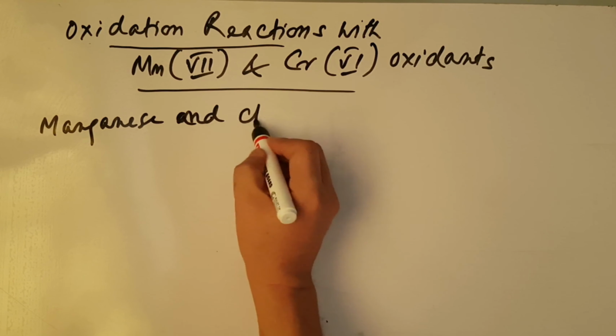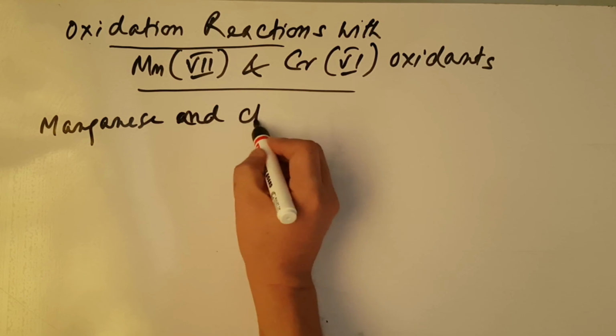Manganese 7 compounds, like potassium permanganate, gain 5 electrons, while chromium 6 compounds, like chromium trioxide and potassium dichromate, gain 3 electrons during oxidation reactions.